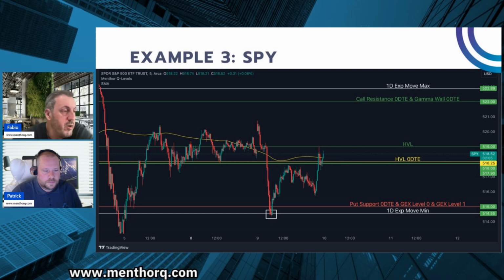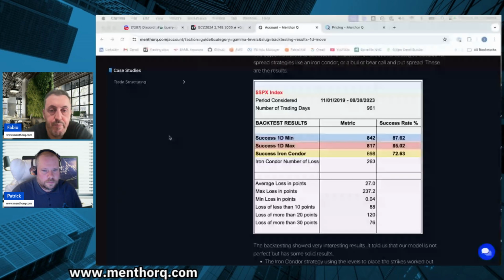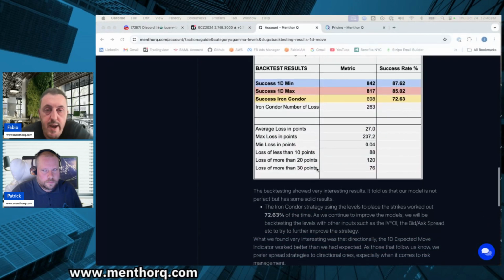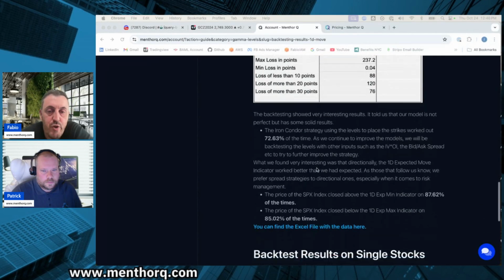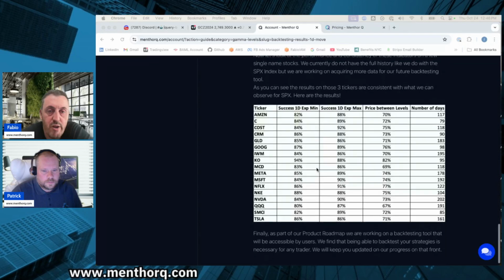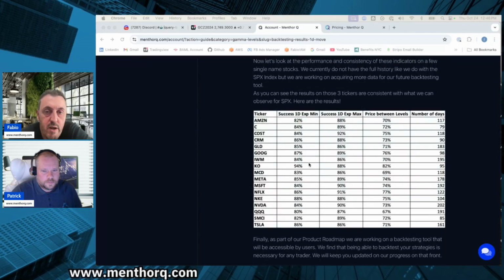All right, so if we go back to our backtesting, this again is on SPX. We also did it on single stocks. If you keep scrolling down right here, we have the biggest stocks. We have it on QQQ, NVIDIA, Netflix, Meta, Tesla. You see that the results are very in line with what we saw.